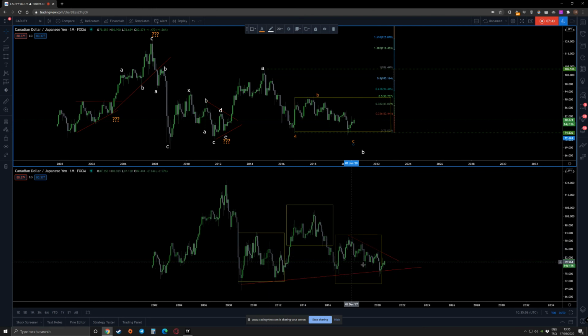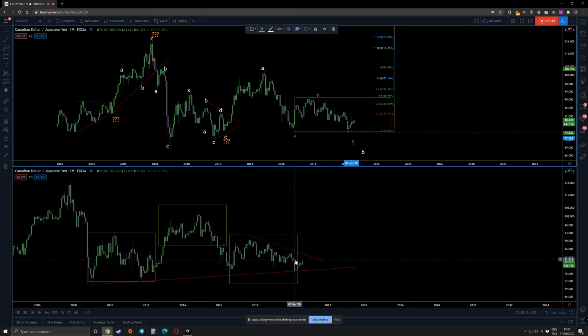If this fails and we go up like this, then I will assume that maybe this move right here was a truncated zigzag, and in that case I may change my view and say the B wave is done and we will go for the C wave.